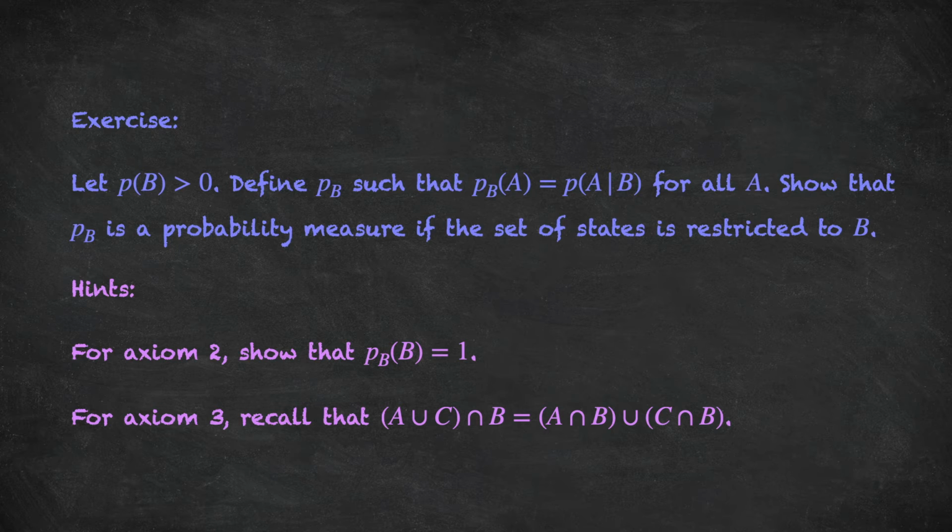That would be one useful trick as you show that the disjoint additivity property holds for this function P subscript B, and that the conditional probability as we define it really does induce a probability measure on a restricted set of states. So pause the tape now and have a go at that exercise before continuing.